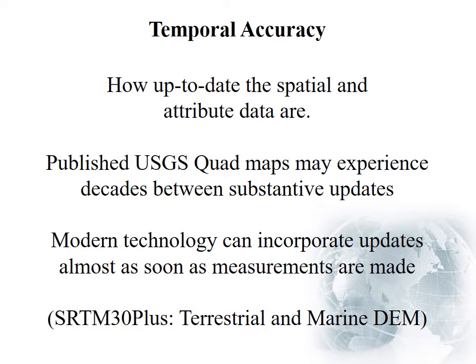And so if you're looking for the most accurate and precise data, you're going to try to find the most recently produced data sets. One of the examples that I can throw out there is SRTM 30 Plus, the Shuttle Radar Topography Mission, which was produced globally as a digital elevation model for the land surfaces.